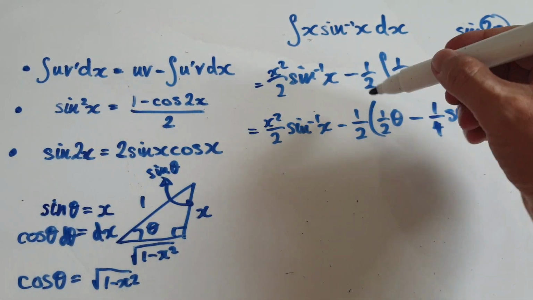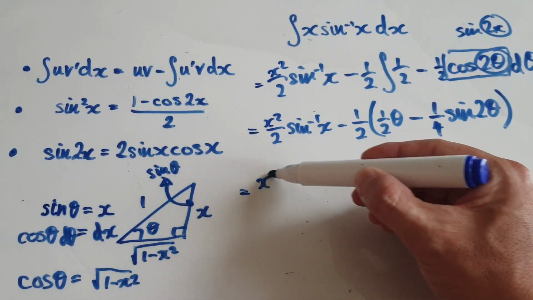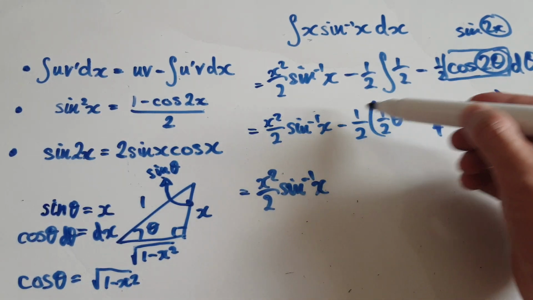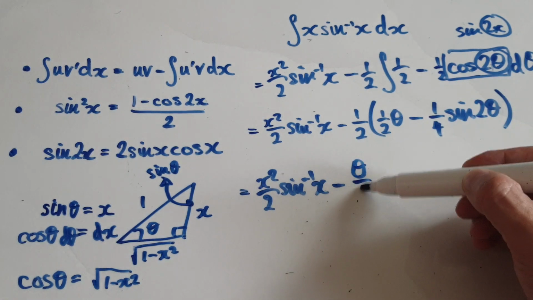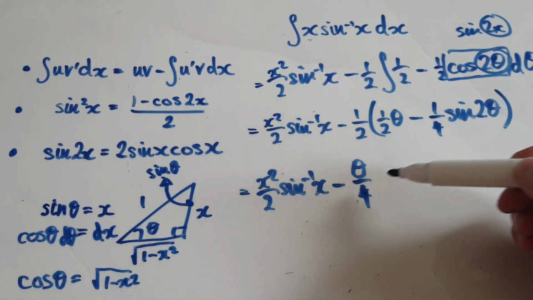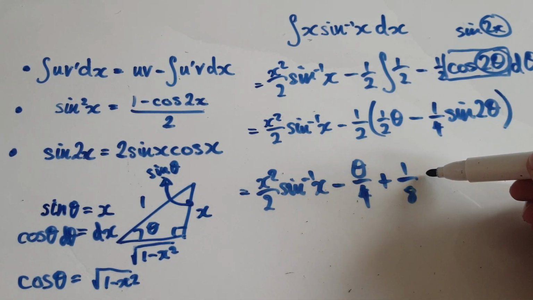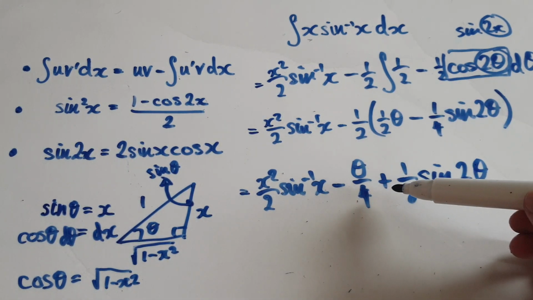Let's multiply this out. That would become x squared over 2 inverse sine x. This times this will be minus theta over 4, and then this times this will be plus 1 over 8 sine 2 theta.